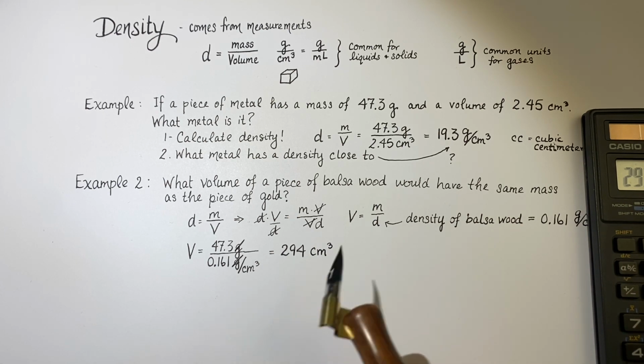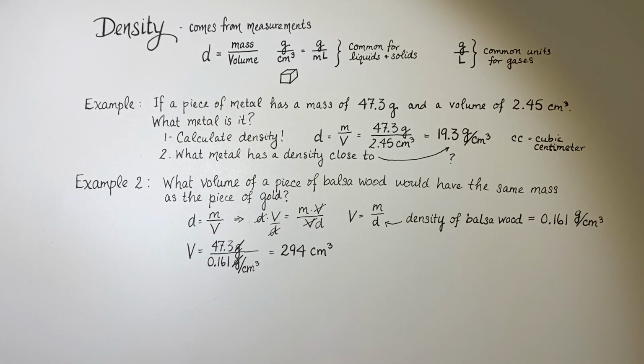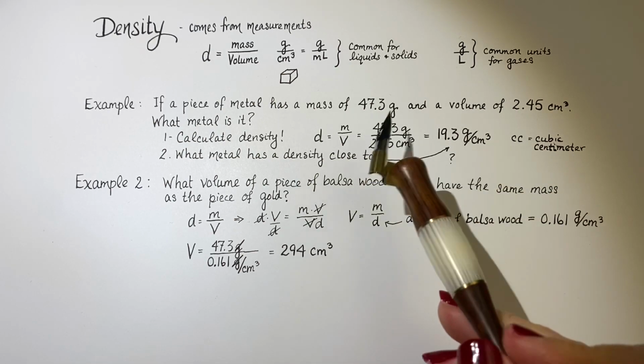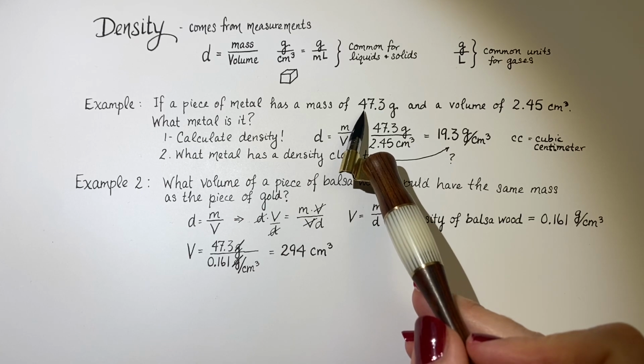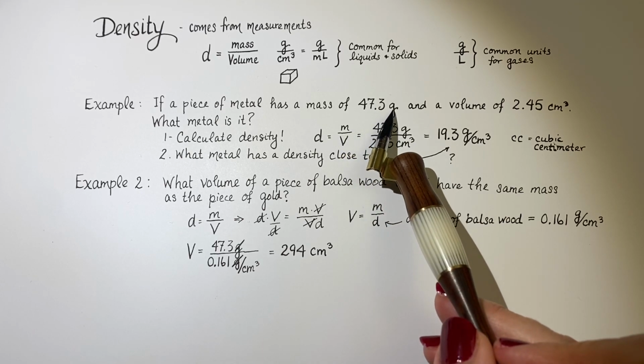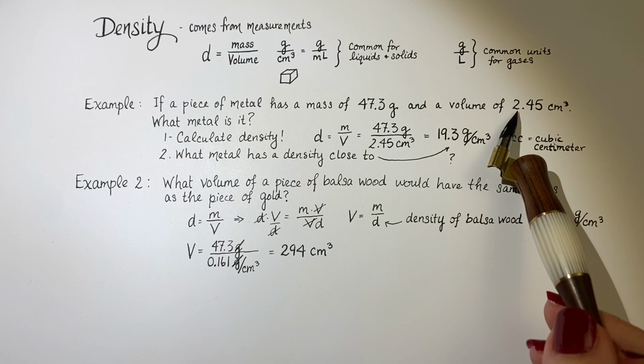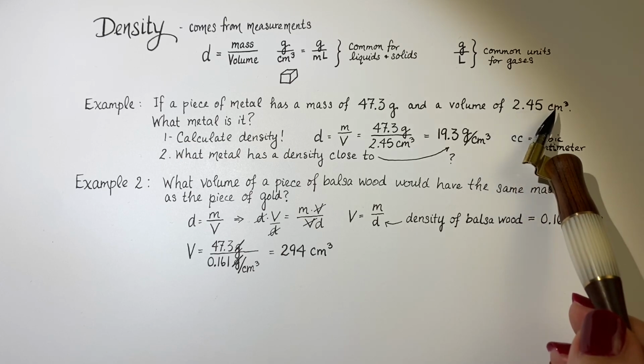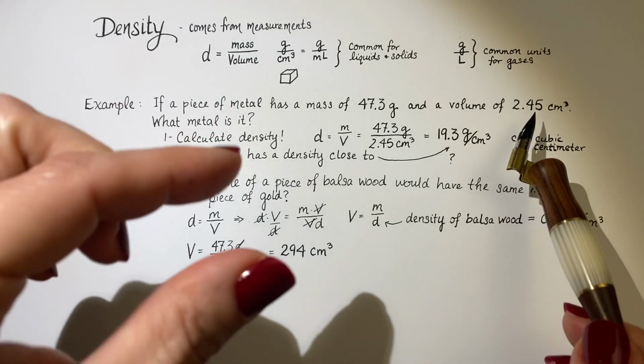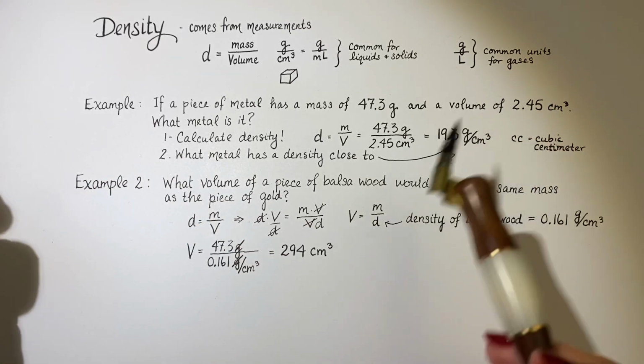So look at this. Our piece of gold that was 47.3 grams was only 2.45 cubic centimeters. There's this little thing we can hold in our hand.